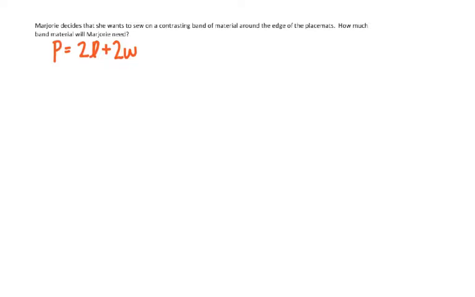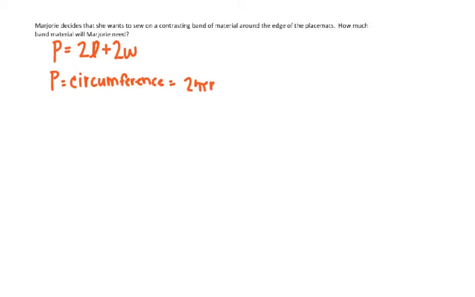Now, we need to find the perimeter of a semicircle. So remember, the perimeter of a circle is the same as the circumference of the circle. So I'm going to write that down, circumference. Okay, so we find the circumference of a circle by 2 pi r.